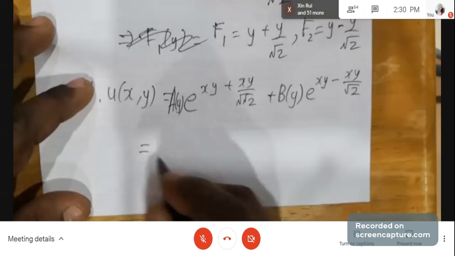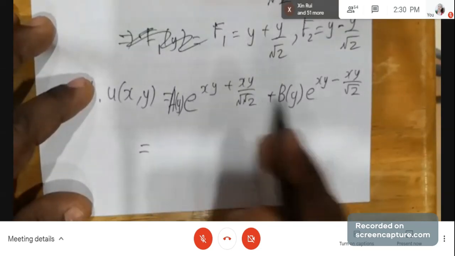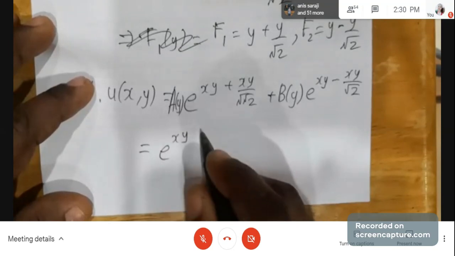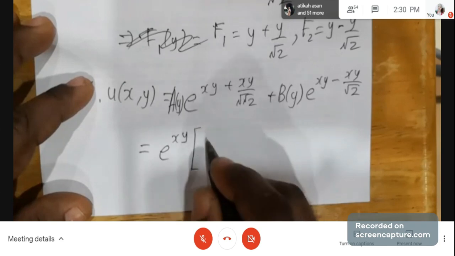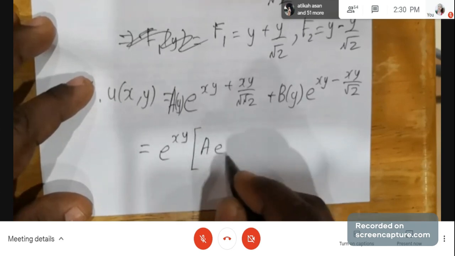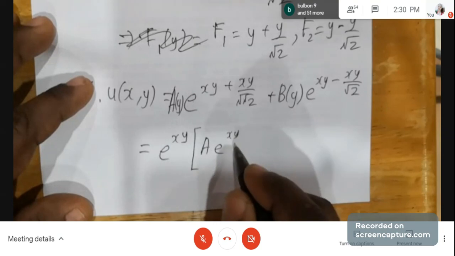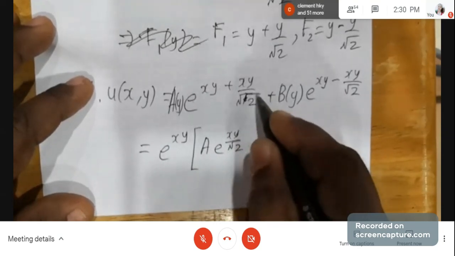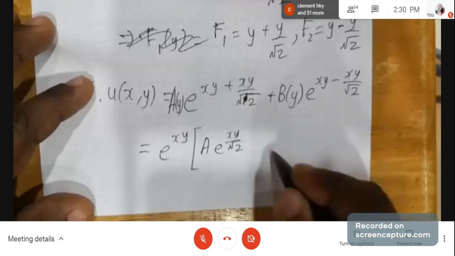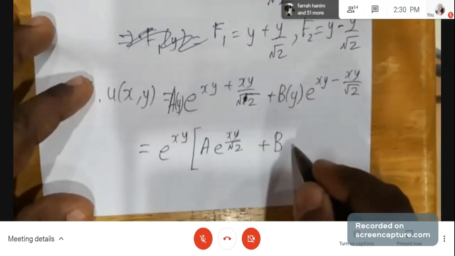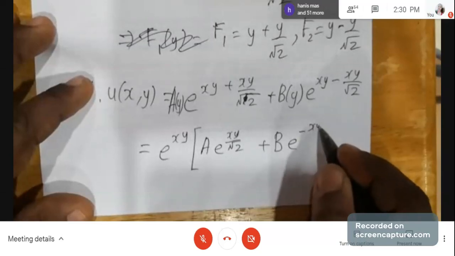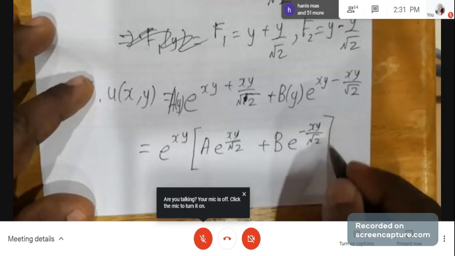So you got your e to the power of xy both here, a e to the power of xy over square root 2 plus b e to the power of negative xy over square root 2, with a and b functions in y.